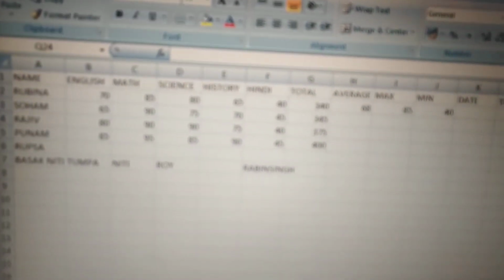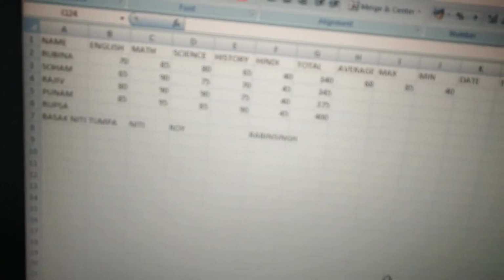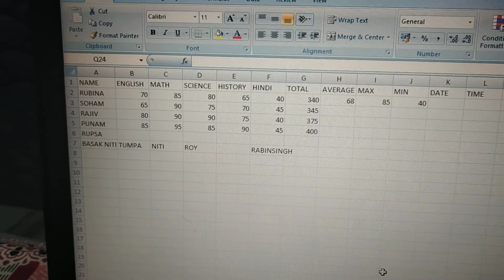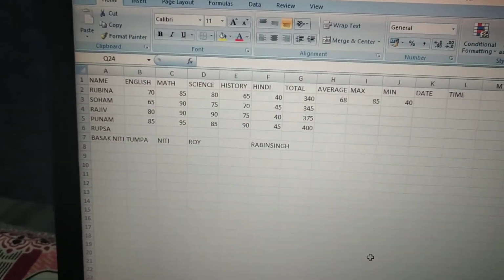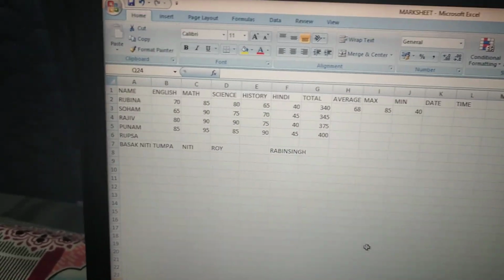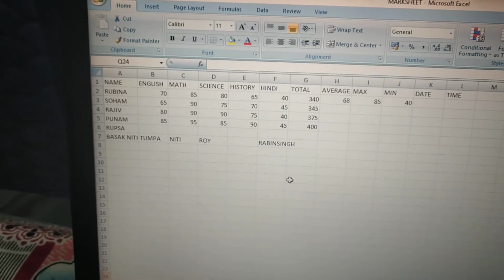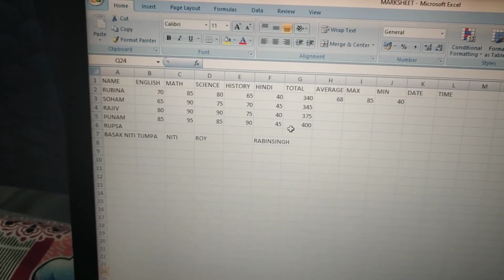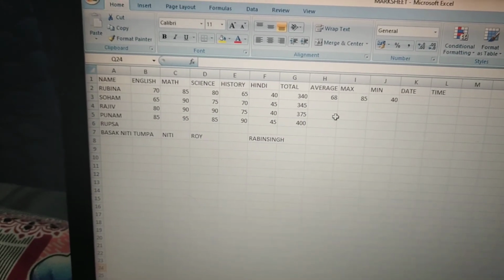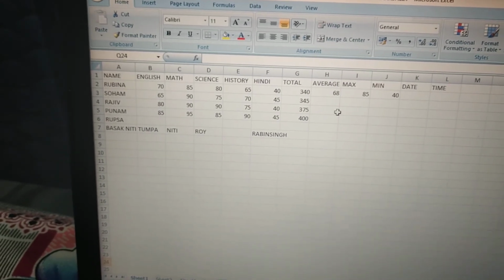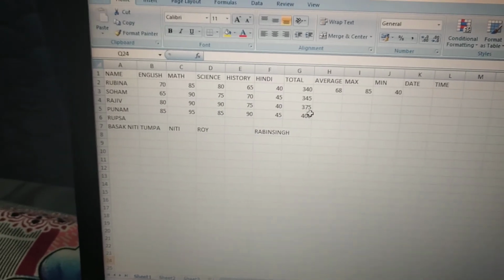This becomes easier. Now see. Suppose I will calculate here. Suppose I will delete the total marks.